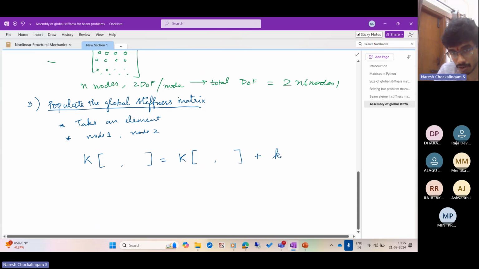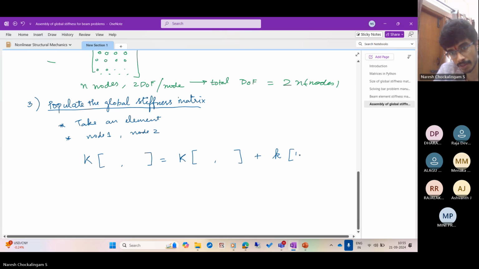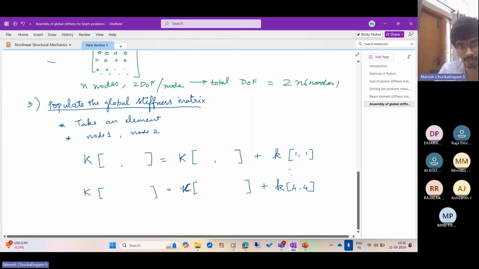In that place you put the local matrix, starting from k of 1,1 and going up to k of 4,4. This is capital K.